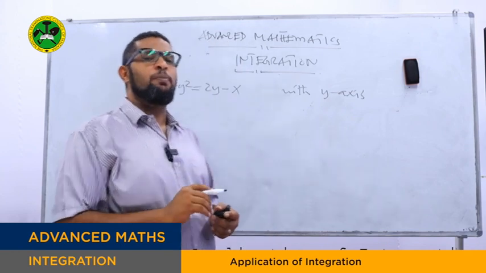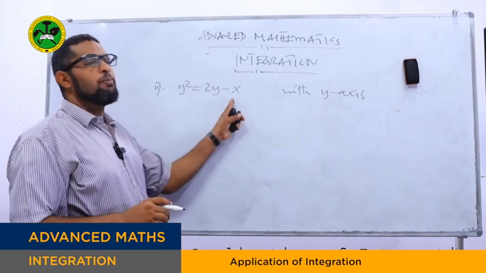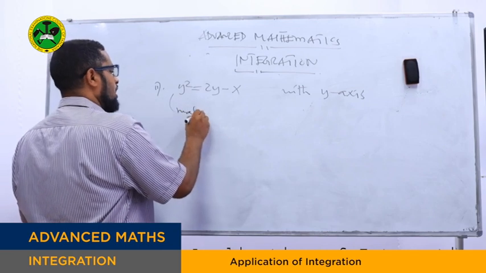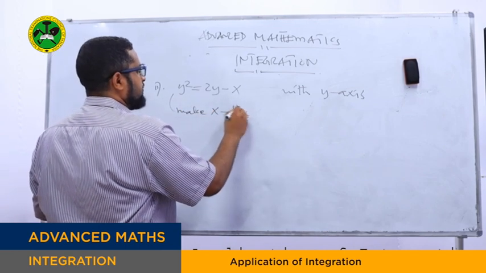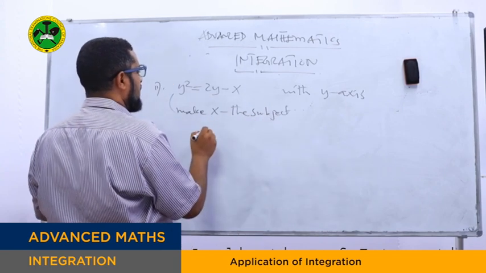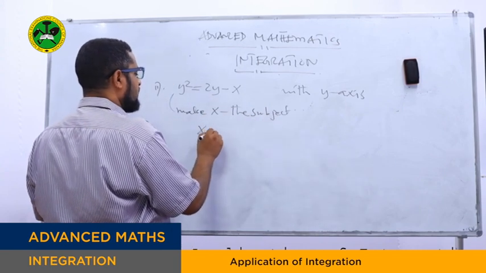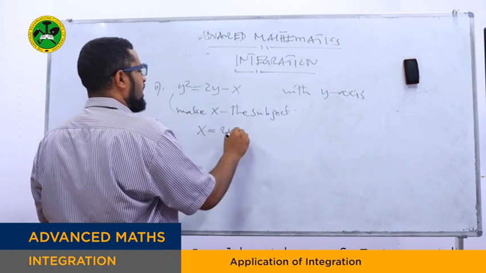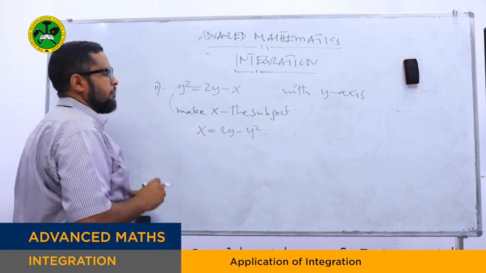The variable that will be depending is the variable x. So if you make x the subject, we'll have x equal to 2y minus y squared.